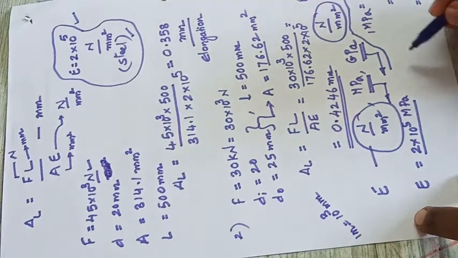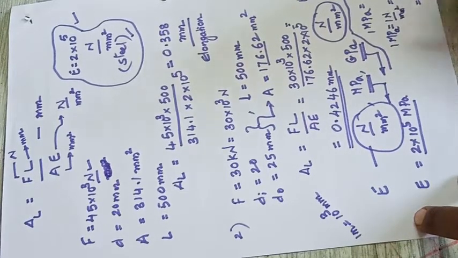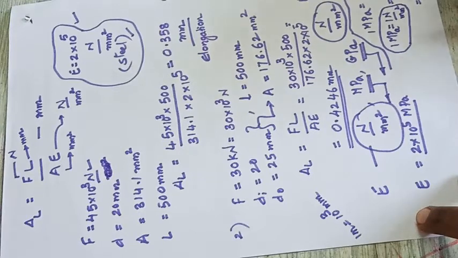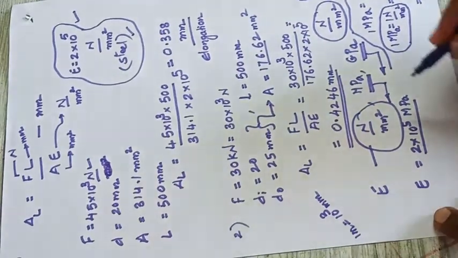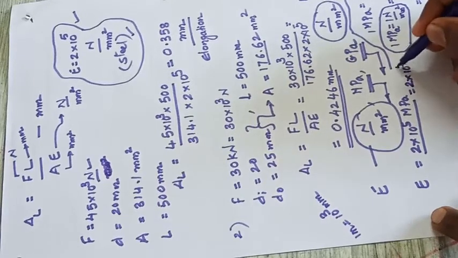So finally 1 MPa is equal to 1 Newton per mm square. Just remember that. Always if the unit of Young's modulus is given as MPa, 1 MPa is equal to 1 Newton per mm square. That's it.